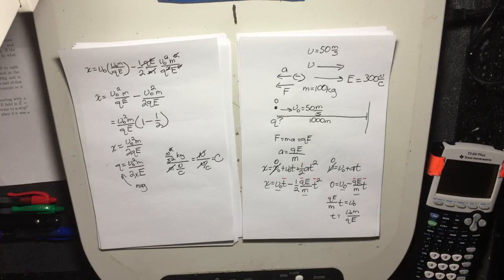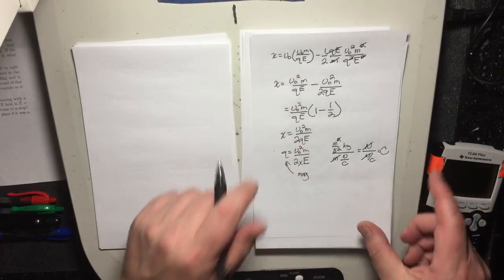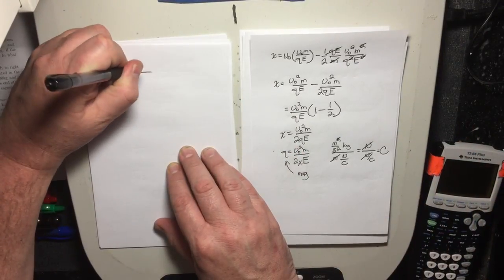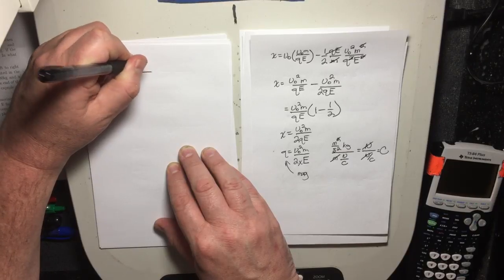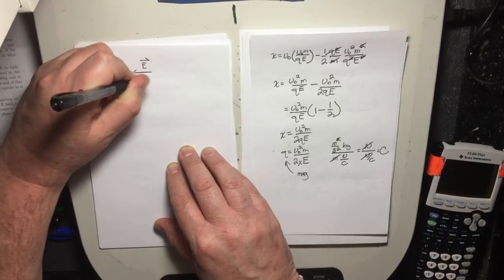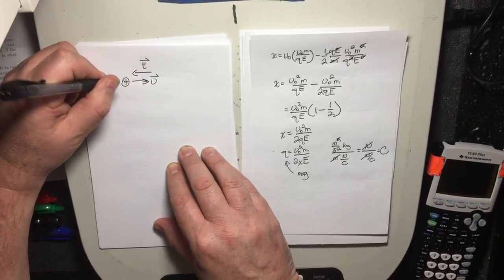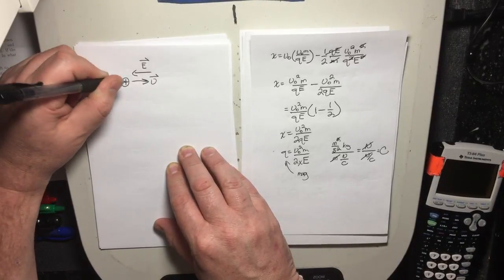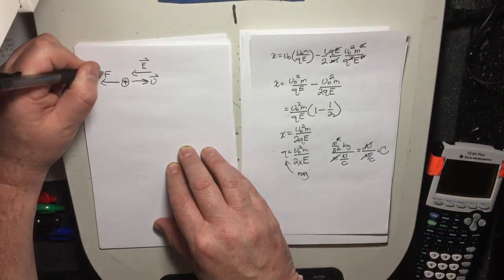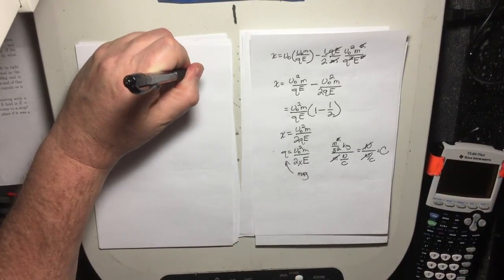Now, in the question, would it stop in the same place if it was a negative charge? Why or why not? In problem 6, the E field is to the left, and it's a positive charge that's moving to the right. It comes to a stop because positive charge feels force in the same direction as the E field, and so eventually it stops.